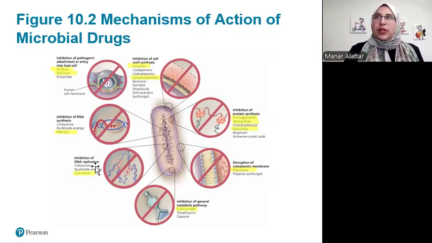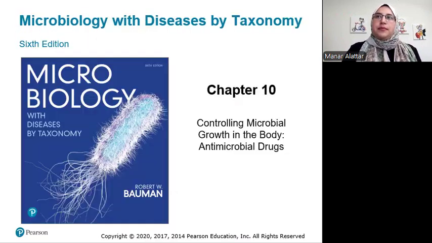The image here is the first link in the description below, and it's a really good basis for your notes for the lecture today. Either pull it up or print it, but I would recommend having this image available to you.